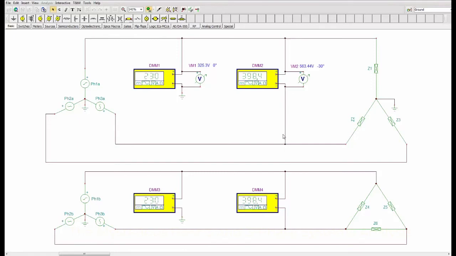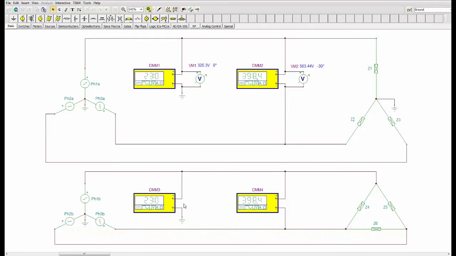Okay, that's saying an RMS line voltage of 398.4, and in our earlier diagram we rounded that up of course to 400 volts, and the analog meter is giving us 563.4, which is pretty much that peak value for the line voltage that we also analysed earlier.